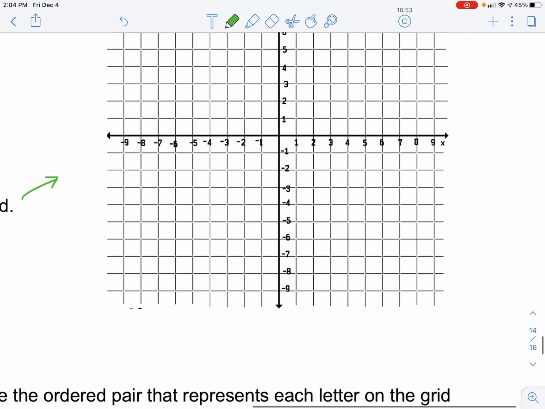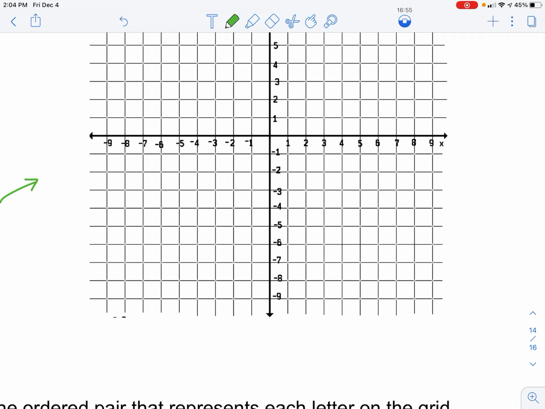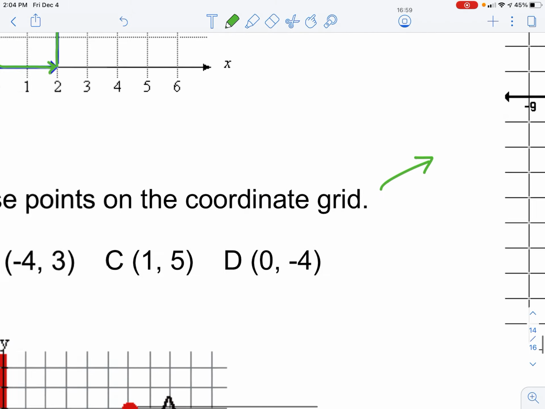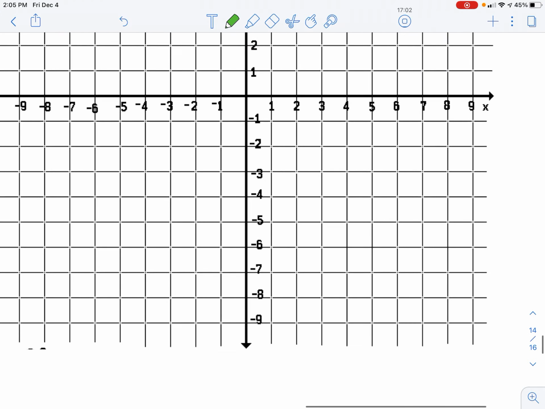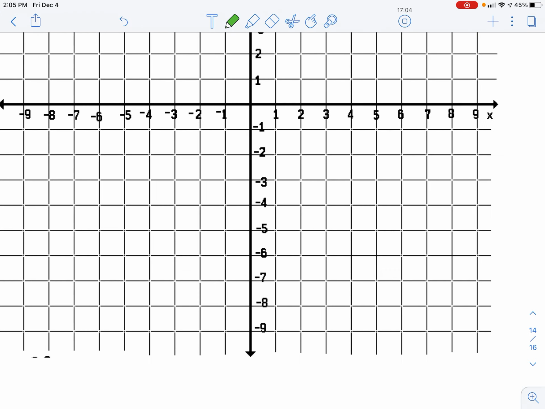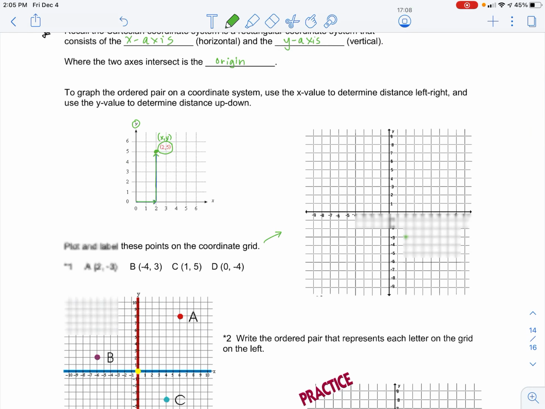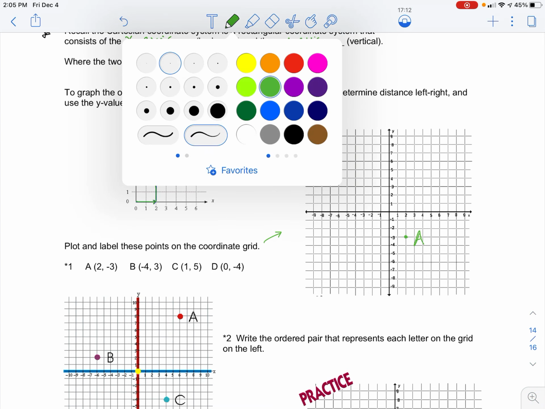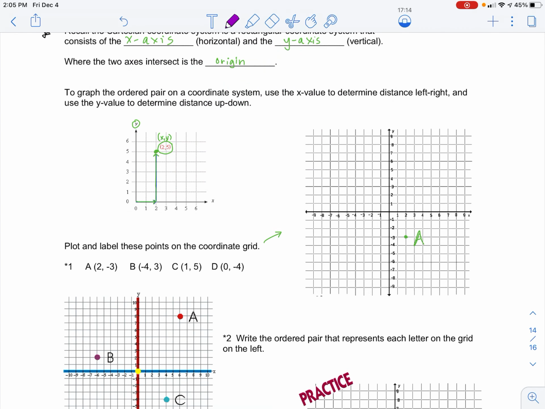But we're going to go ahead and plot (2, -3). I'm going to go over 2 on my x-axis and down 3. So (2, -3) lives right there, and we're going to put the name A right there. I'm going to choose a different color.